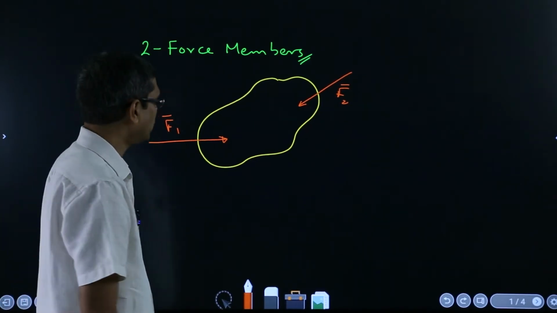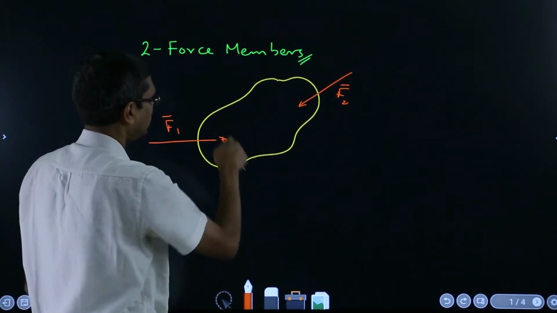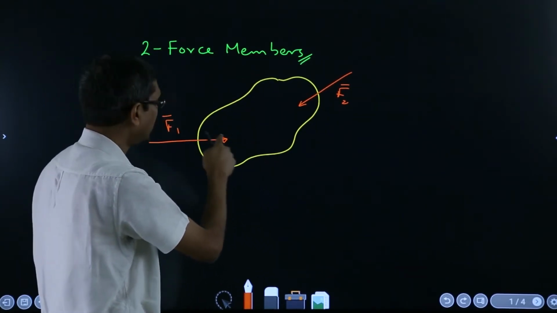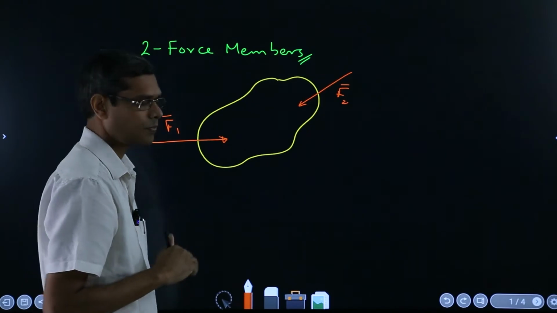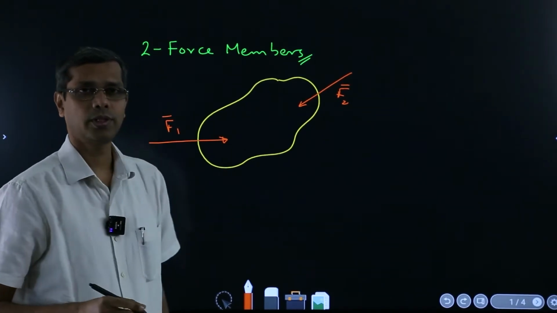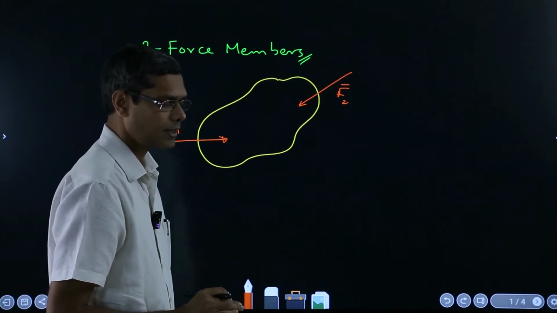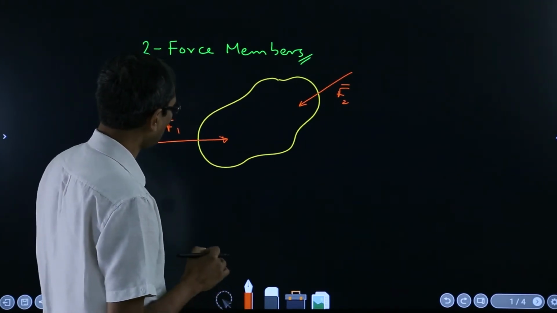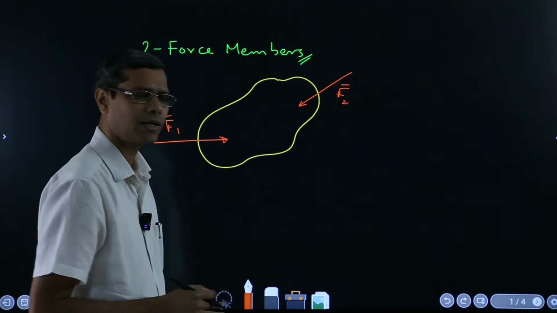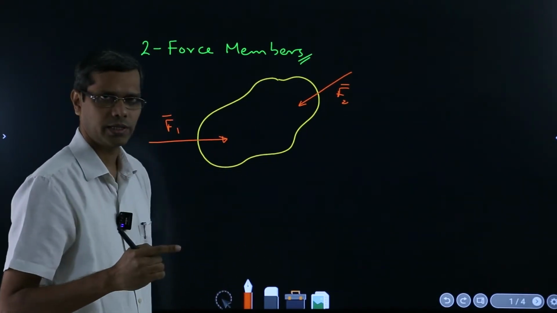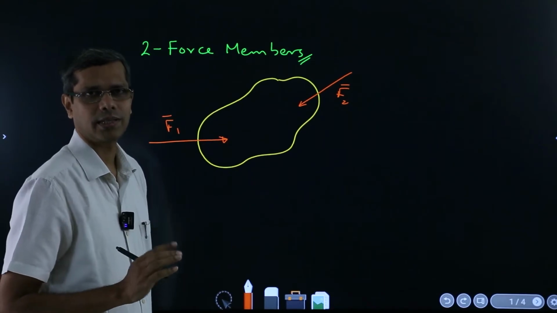So first of all, why is this body called a 2 force member? Because this member or body is subjected to only 2 forces. But if we know that this body is in equilibrium, then there is a definite relationship between the two: they must be collinear and exactly opposite in their sense.